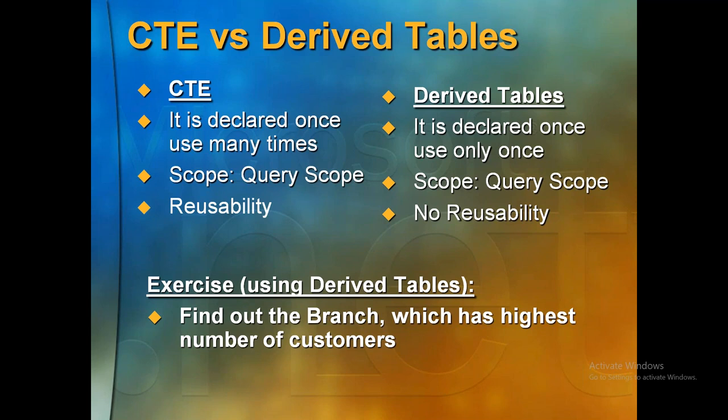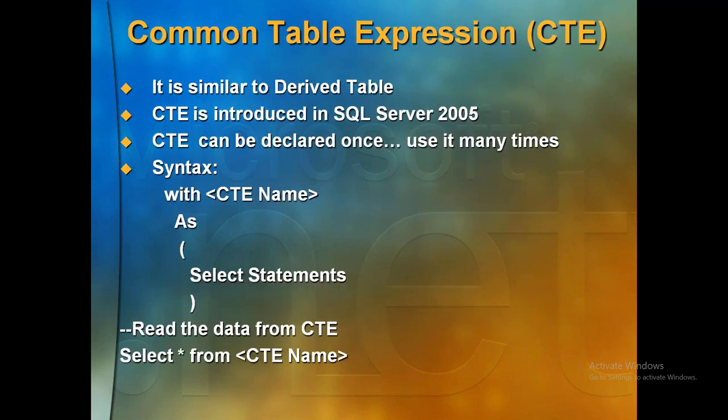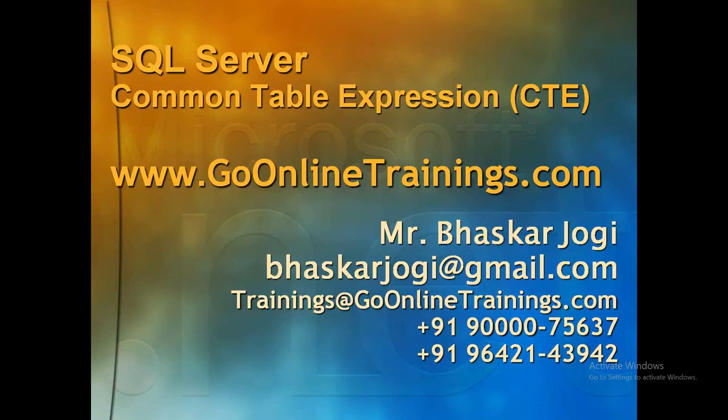Am I clear? So you try to do this in multiple ways, and using derived tables and subqueries, you achieve this. You can also use derived tables as well as ranking functions, but try to implement derived tables and subqueries. Find out the branch which has the highest number of customers. Clear? You try to get that, and tomorrow we'll discuss what a common table expression is all about.